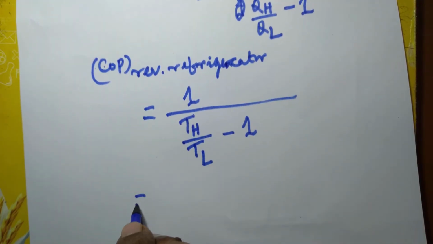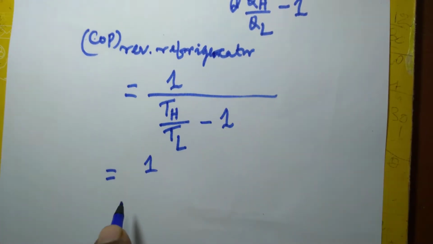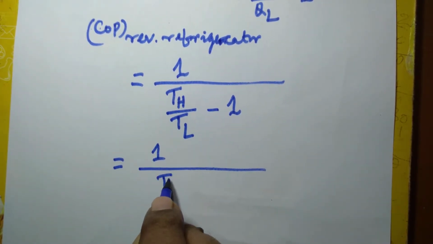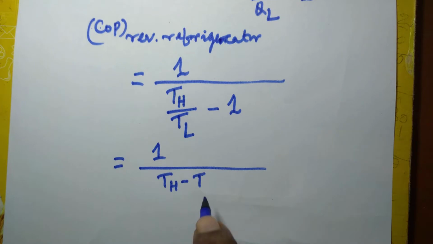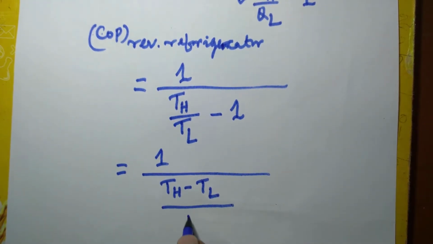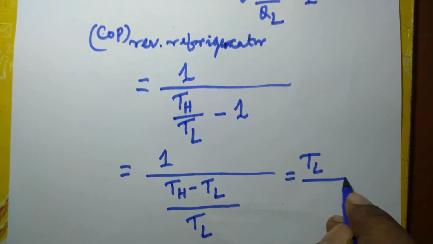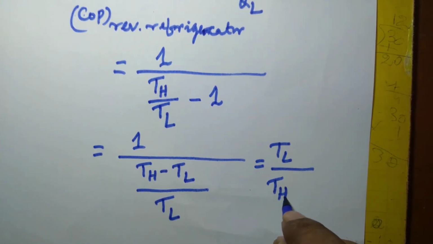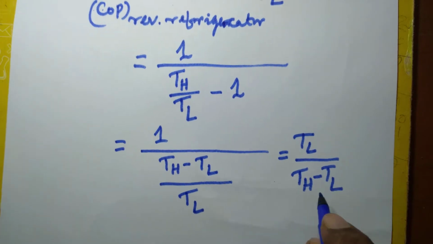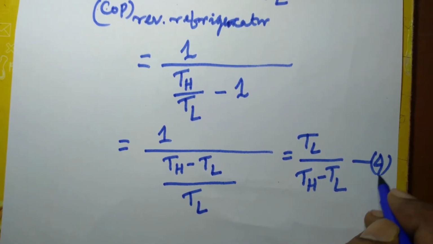So now this becomes, suppose this is equation 4.